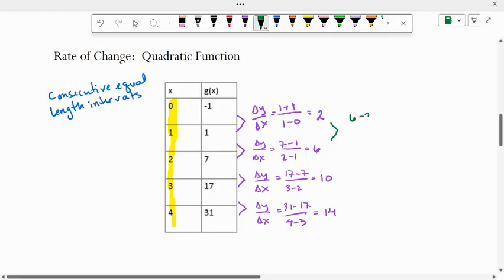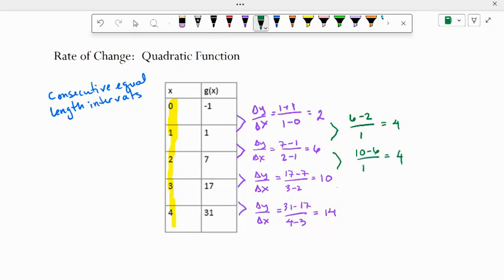Now my rate of change is 4 here. 10 minus 6 over 1 gets me 4 again. And 14 minus 10 over 1 gets me 4. What I recognize here is that my rate of change of my average rates of change is constant.